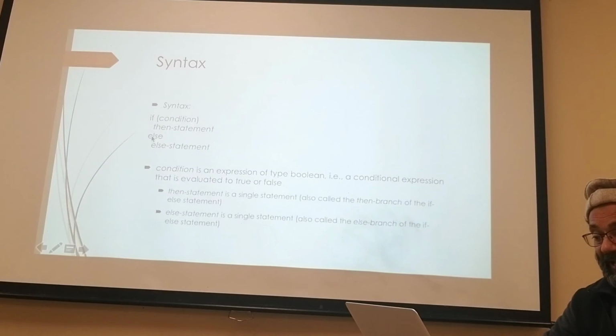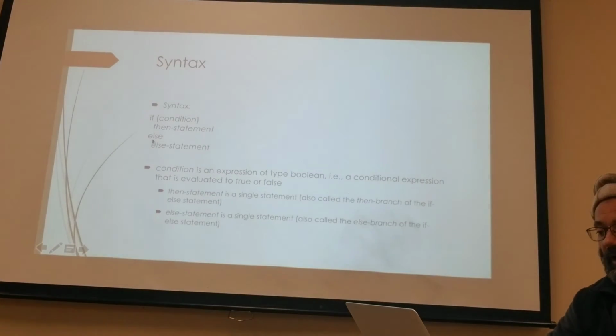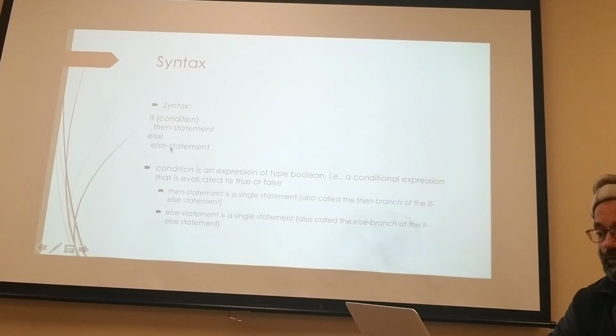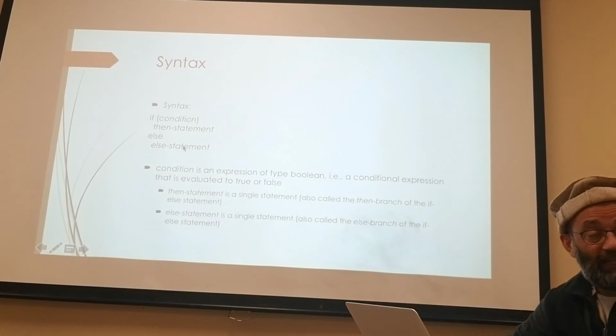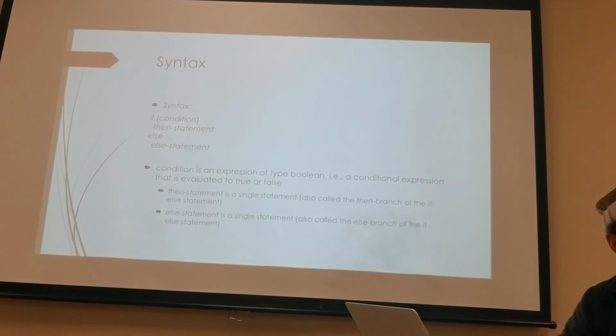Then you put an else, and after the else, you put code for the else condition, right? So if the condition is true, you execute this statement, else you execute this statement.